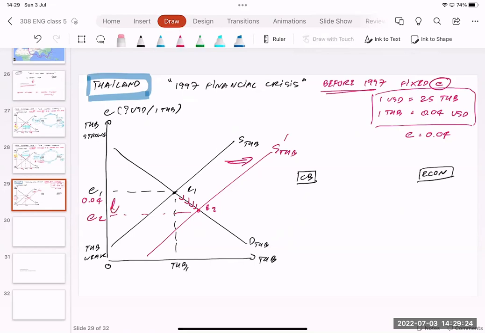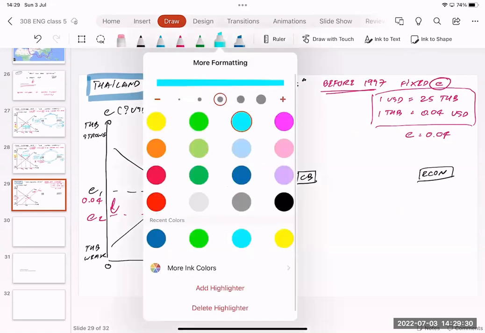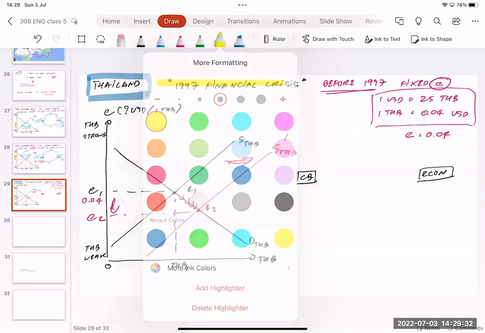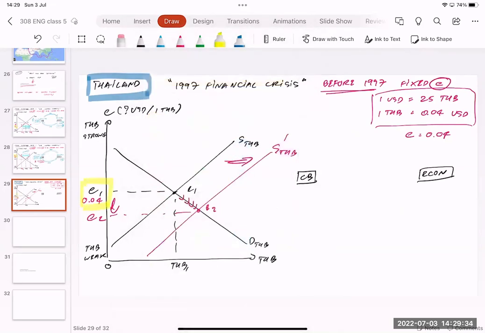However, in Thailand during that time, we used a fixed exchange rate. We fixed our currency at E1, 0.04. So when more money flows out from Thailand and the supply curve shifts to the right, we still fix the nominal exchange rate at E1. Supply is here, S: people want to sell Thai baht at THB2.